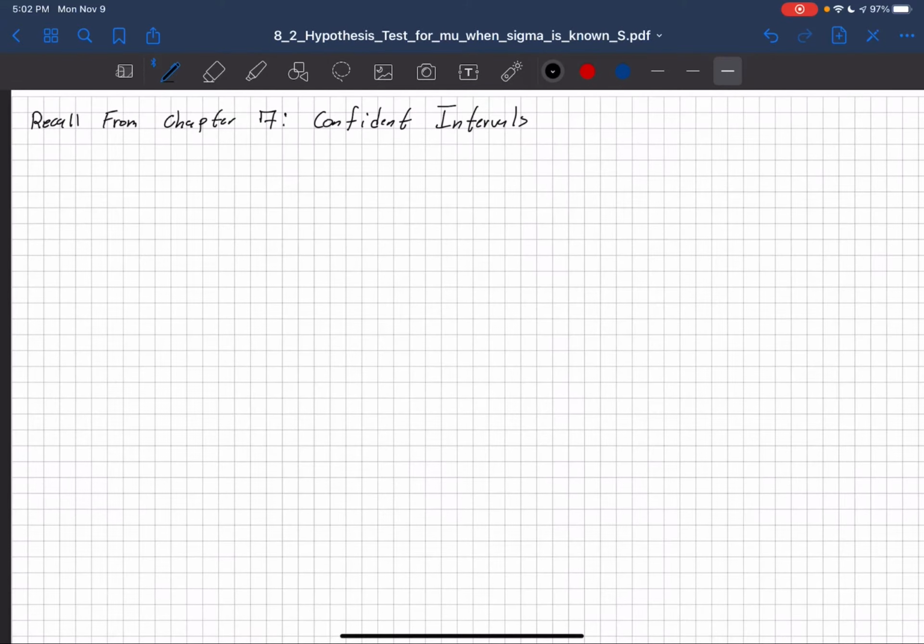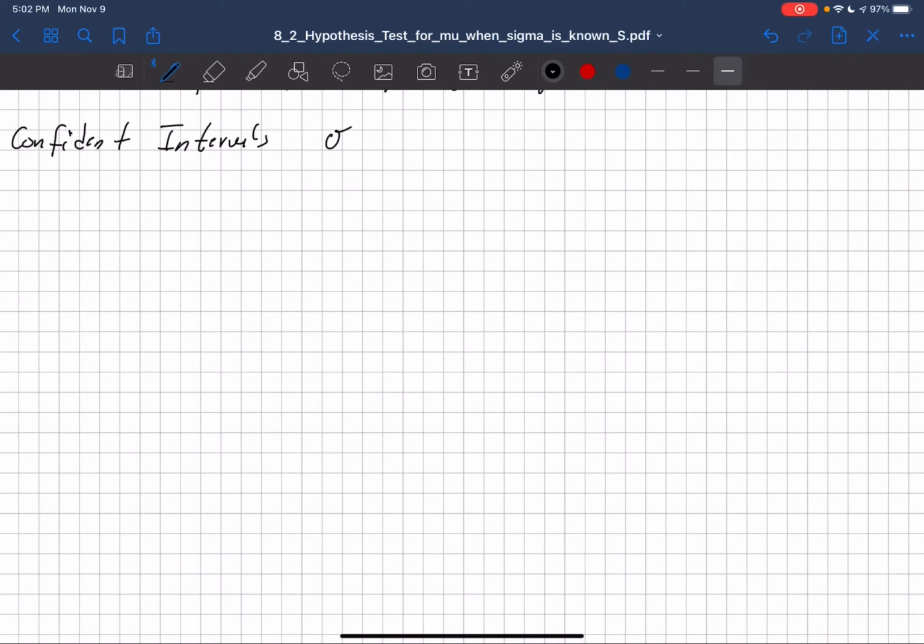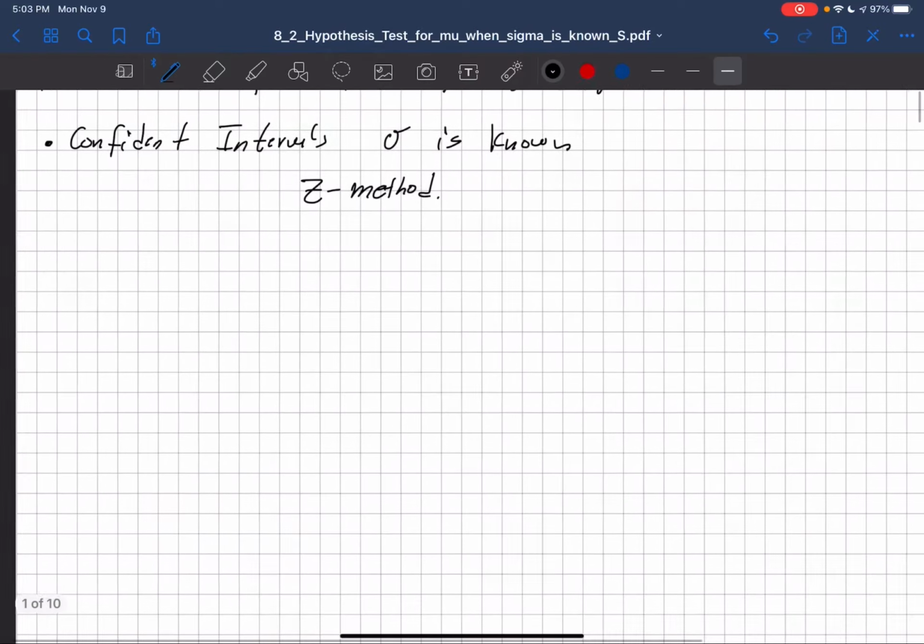Depending on which information you were given, you used different methods to compute these confidence intervals. For example, we learned how to compute confidence intervals when our population standard deviation sigma is known. This is also called the Z method. So that's one way.